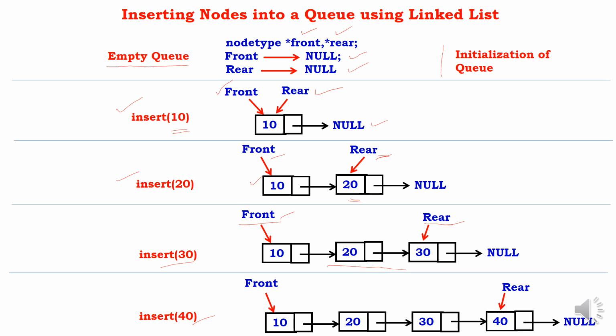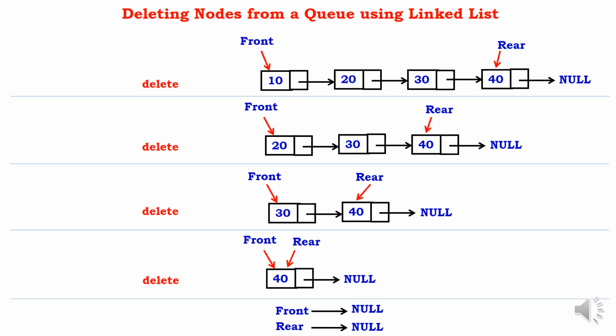So a linked list can be converted as a queue by using two pointers, one pointing to the first node and the other pointing to last node. The pointer pointing to first node is said to be front end and the pointer pointing to last node is said to be rear. So a linked list with the help of two pointers, we assume that it is a queue.